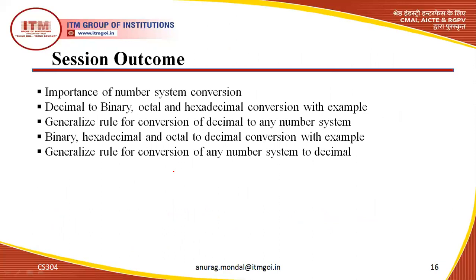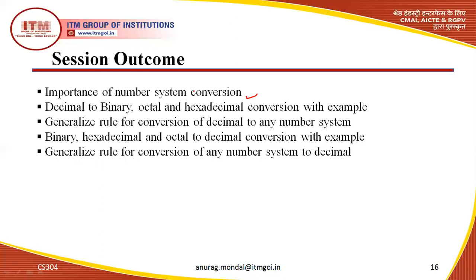So what we learned today is a very interesting topic. The first is the importance of number conversion. That memory part I have just shown you, the data is in hexadecimal form, so we need to know the binary to hexadecimal conversion, and only then can we recognize that particular data.